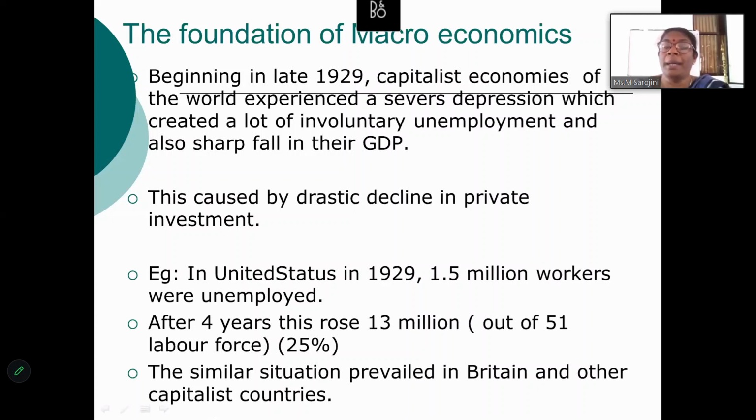Once there is unemployment, what happened? The production will be reduced. Therefore, the total product also reduced. So during the 1930s there was huge involuntary unemployment, which led to a reduction in their GDP.